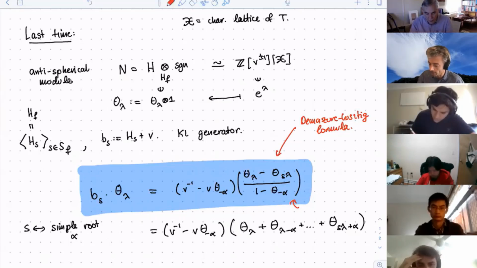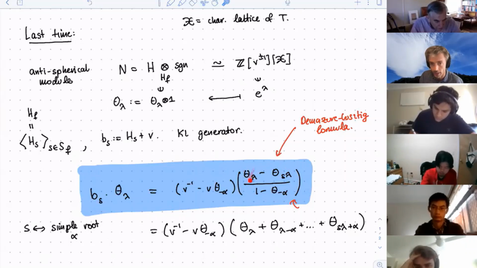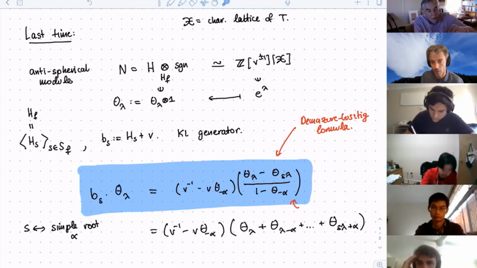I think I said last time that this part was well known for about 30 odd years and is due to de Mazure and appears in the de Mazure character formula, for example. But things involving the de Mazure character formula look very distant from affine Hecke algebra type things. And so it's remarkable that this gives an action of the affine Hecke algebra.